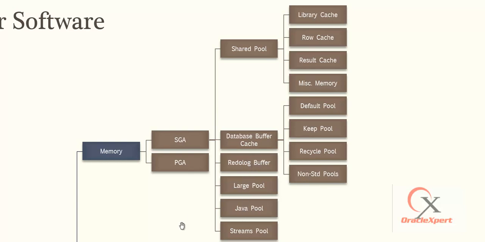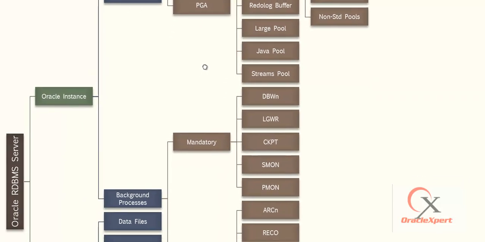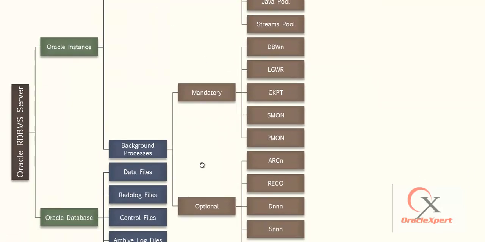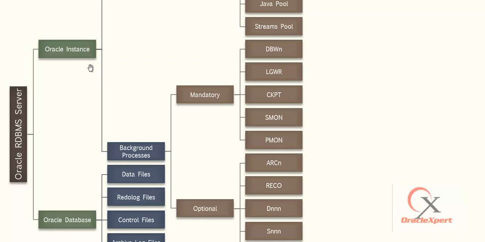The database buffer cache in turn could have default pool, keep pool, recycle pool, and other non-standard database buffer caches. You have redo log buffer, you have large pool, you have Java pool, and you have streams pool.